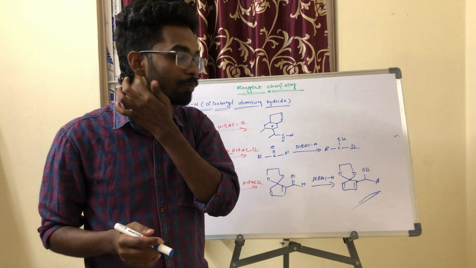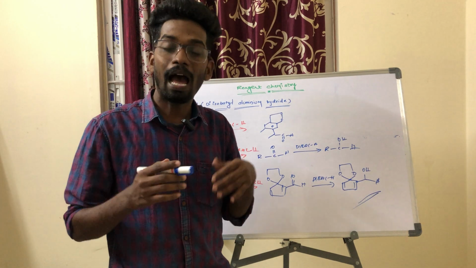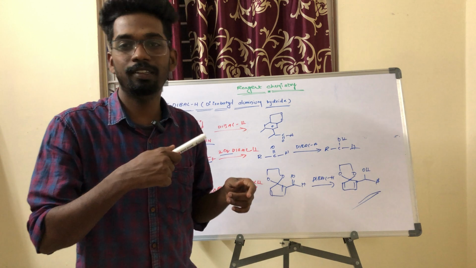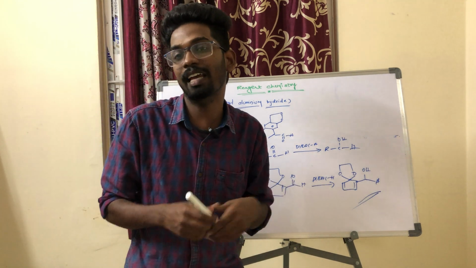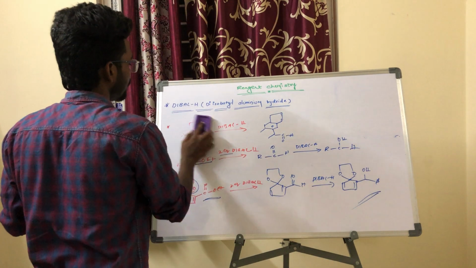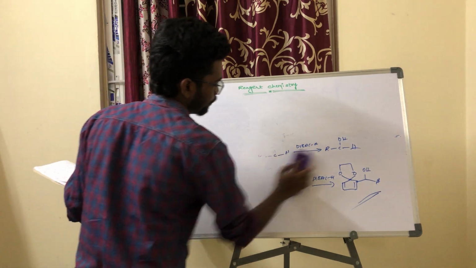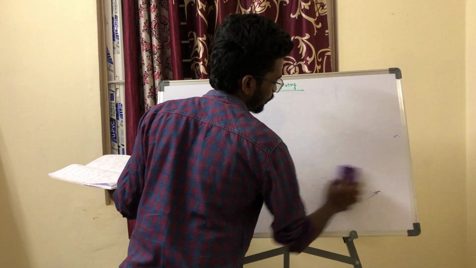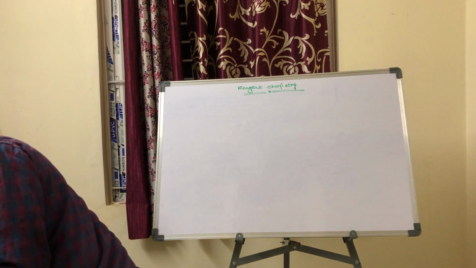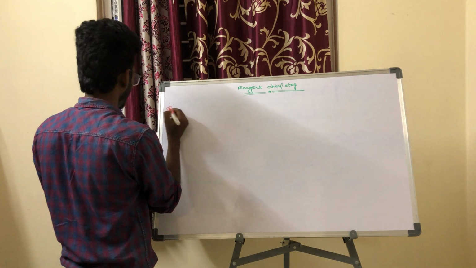And next, one more important point: DIBAL-H also reduces alkynes. You will see questions with alkynes, so what is it going to do in alkynes? I will give one example.